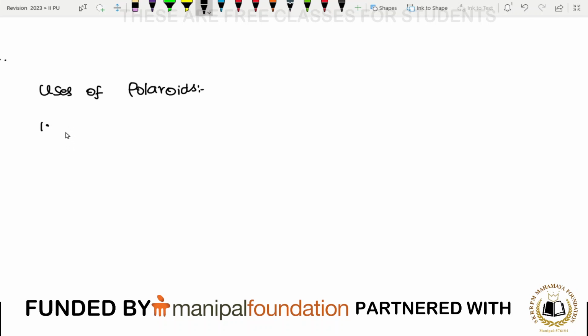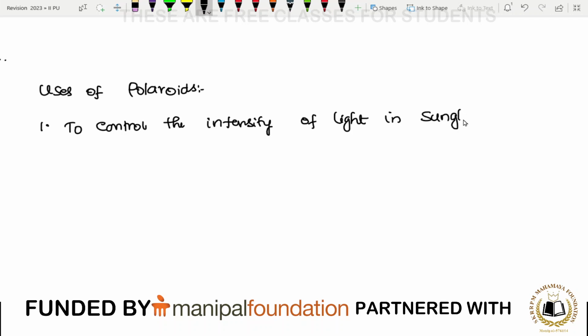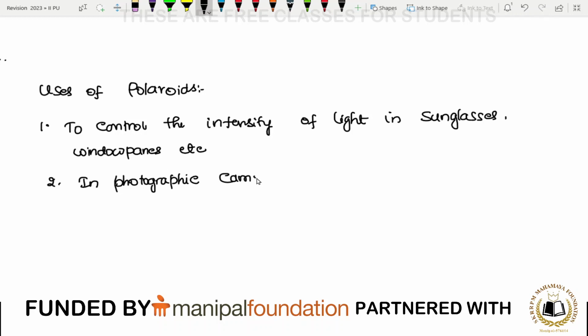First one, to control the intensity of light in sunglasses, window panes, etc. Second one, in photographic cameras and 3D movie cameras.